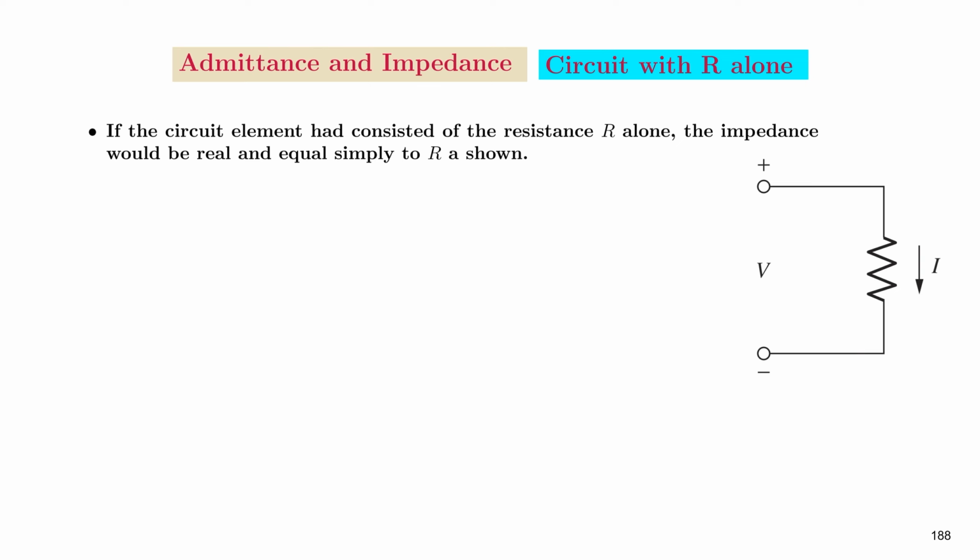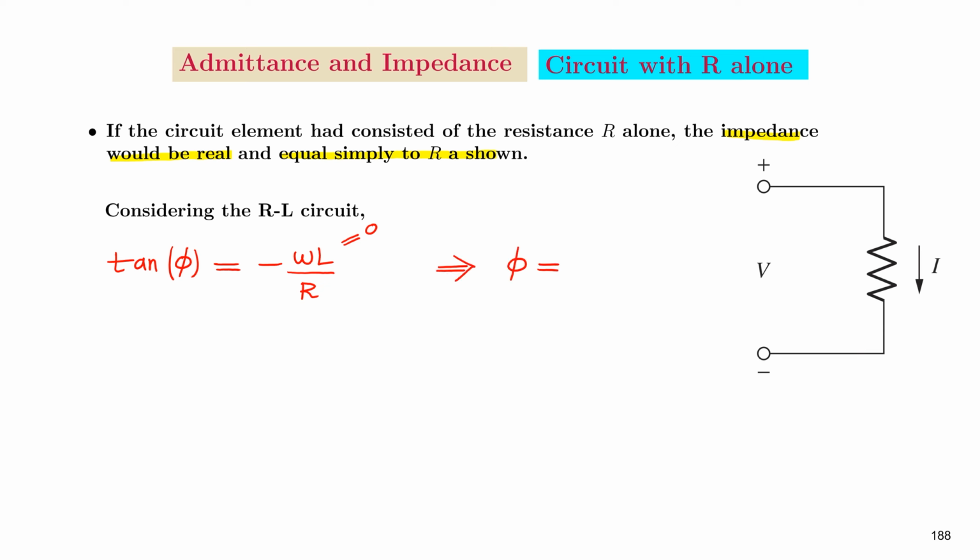Now let us find out the admittance and impedance in the case of a circuit which is containing only a resistor. In this case, we will find that the impedance is a real quantity, and that will be simply equal to R. Let us borrow the expression for the phase angle from a RL circuit and then write tan phi as equal to minus omega L divided by R. Since L is equal to 0 in the circuit, we conclude that the phase angle is equal to 0.